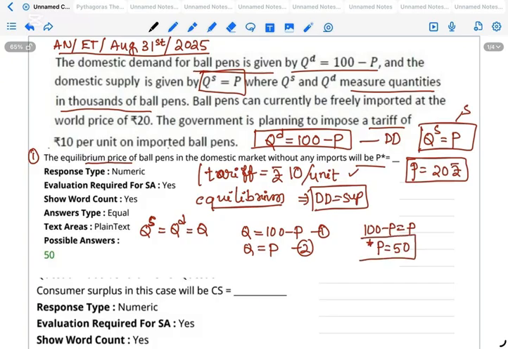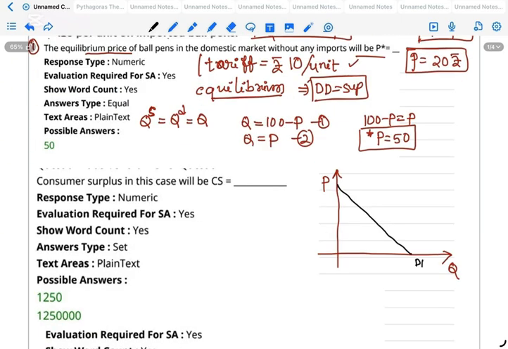P star represents the equilibrium price. In the demand function QD equals 100 minus P, if P equals 0, Q equals 100. This point is 100 comma 0.